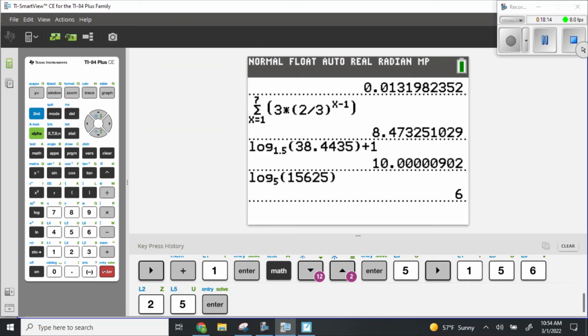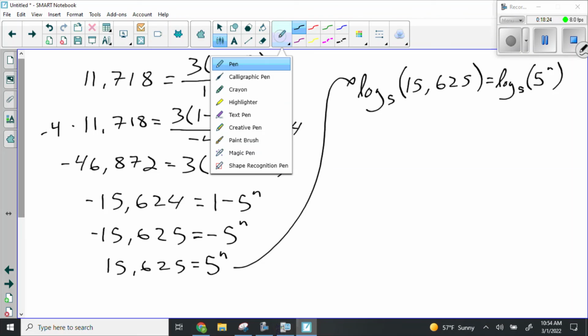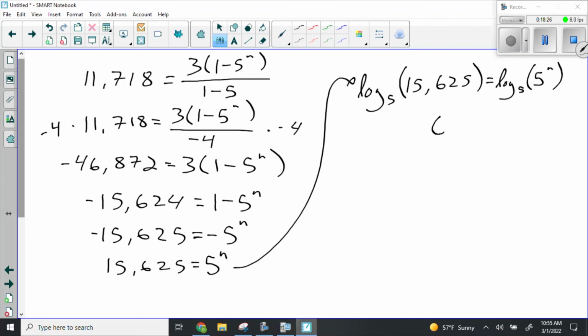Nice. So I guess that's 5 to the 6th power. So we get 6 equals n, because we get log base 5 of 5. I kind of skip the step where I pulled the n out. Not kind of.